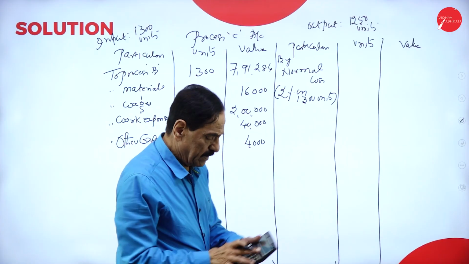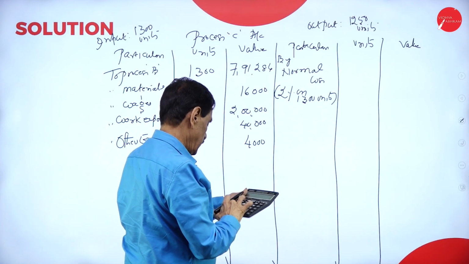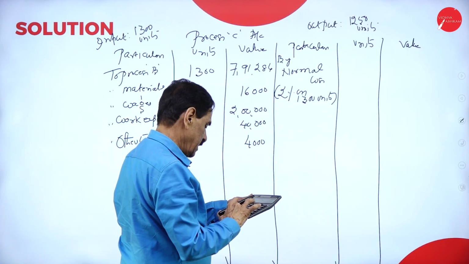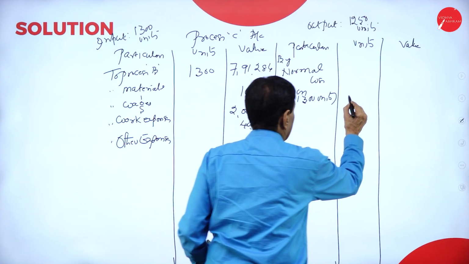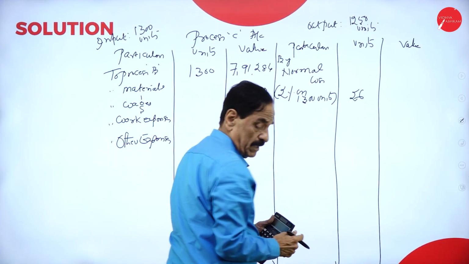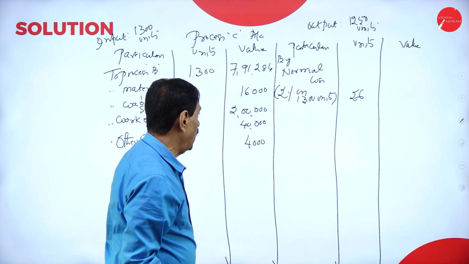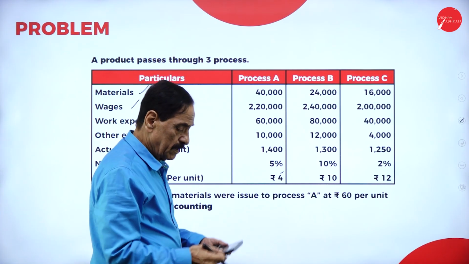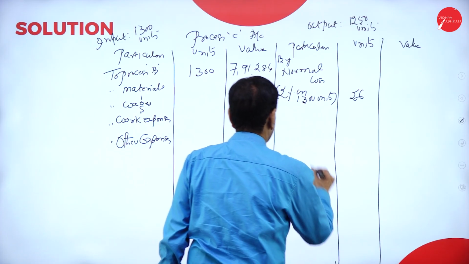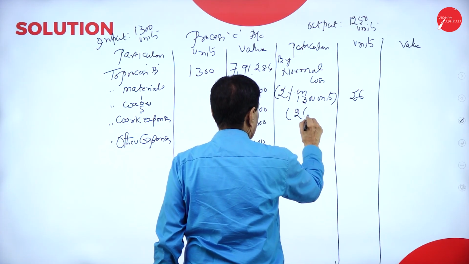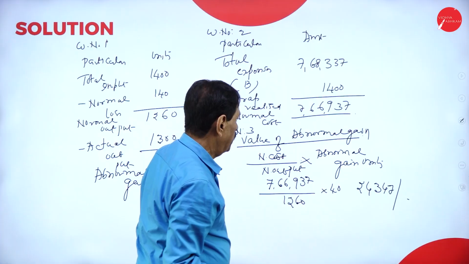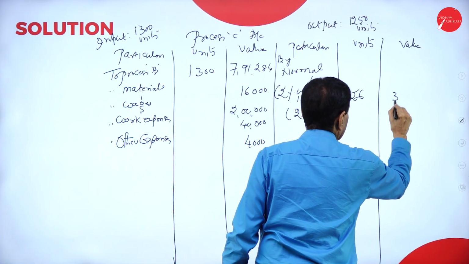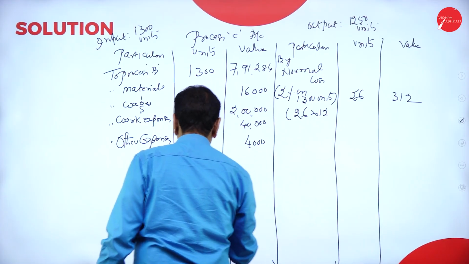So 1,300 into 2 divided by 100, 26 units. Per unit, what's your cost? Per unit, 12 rupees, 312, 26 into 12. What's your per unit? 312. Close this.